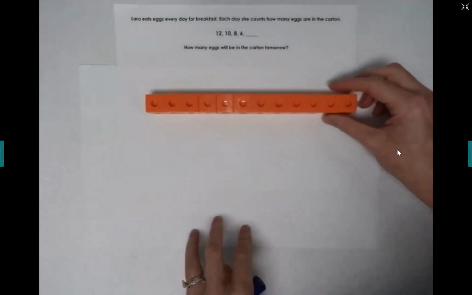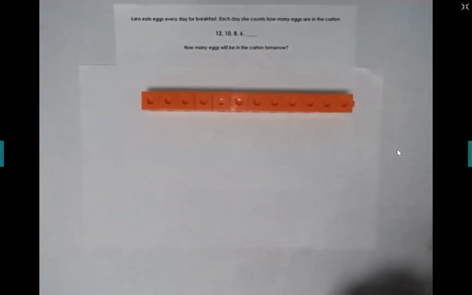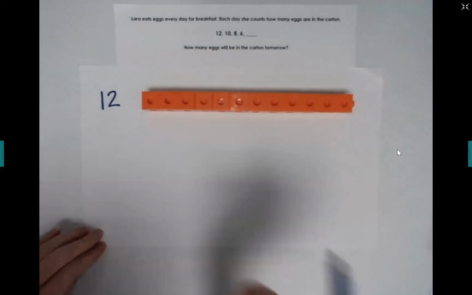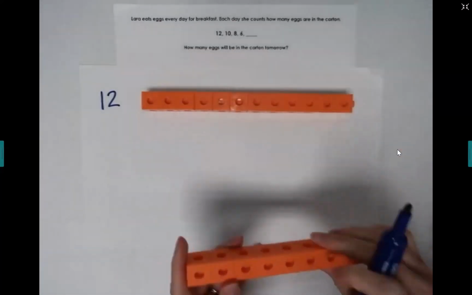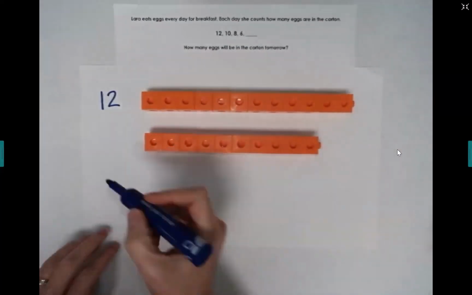Okay, so we're going to build this with some snap cubes, and I already have mine pre-built. So I'm going to start with the 12 eggs she sees on the first day and go ahead and label that step. Okay, and then next I see the next step in the pattern. The next day she saw 10 eggs.